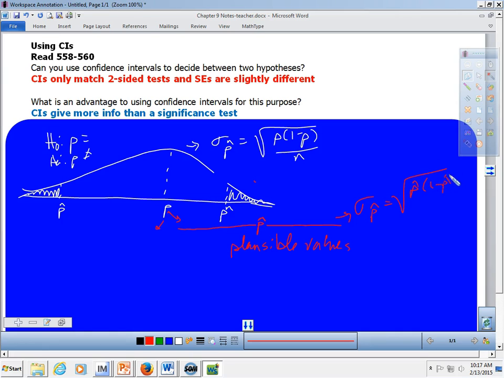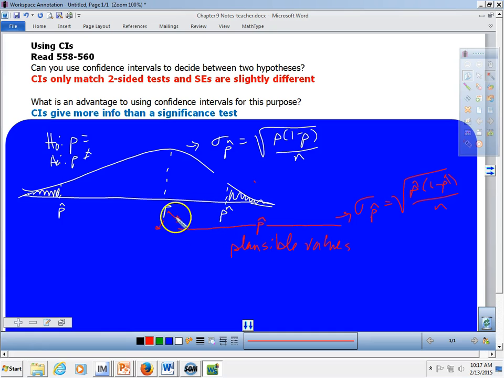And we know that P hat is likely to be different than P. So the standard deviations are a little bit different. So the link isn't 100% solid, but it's close. And it's close enough that having this tie between a test and a confidence interval makes enough sense to talk about. So, bottom line, if P is in your interval, then we would not be rejecting H naught.